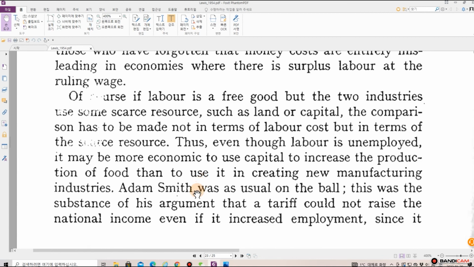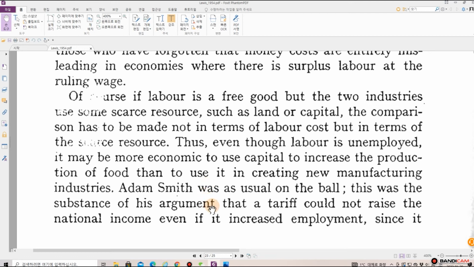Of course, if labor is a free good, but the two industries use some scarce resources, such as land or capital, the comparison has to be made not in terms of labor cost, but in terms of the scarce resource. Thus, even though labor is unemployed, it may be more economic to use capital to increase the production of food than to use it in creating new manufacturing industries.